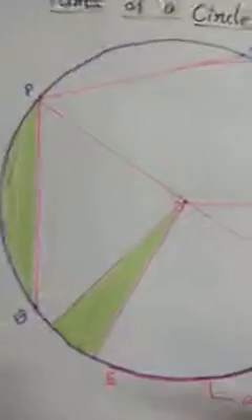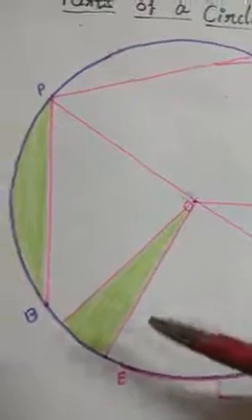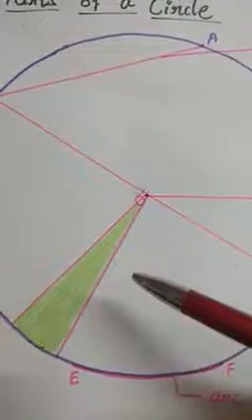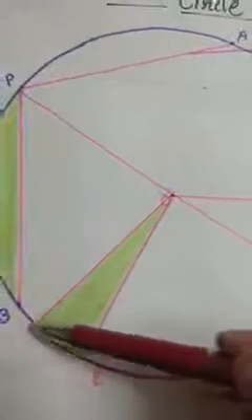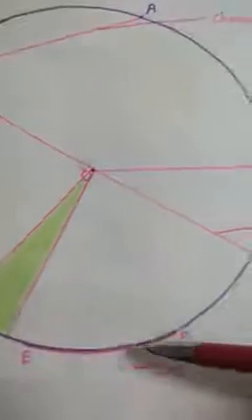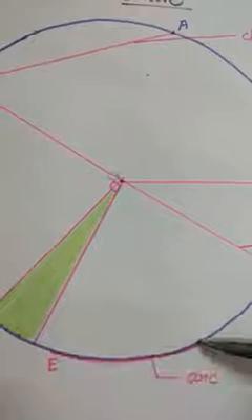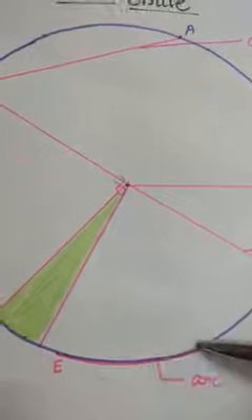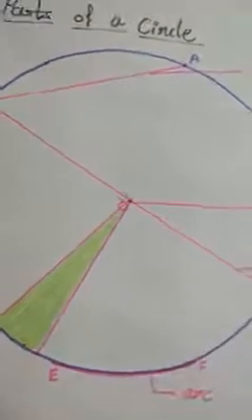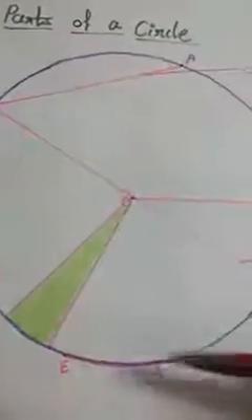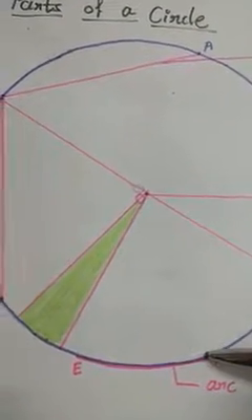There is also a sector. A sector is the region interior of the circle enclosed by an arc. On one side, this is an arc. So this is also an arc joining any two points on the boundary of the circle, on the circumference of the circle. We say circumference. The boundary is said to be the circumference of the circle, and a part of it is said to be an arc. Okay.